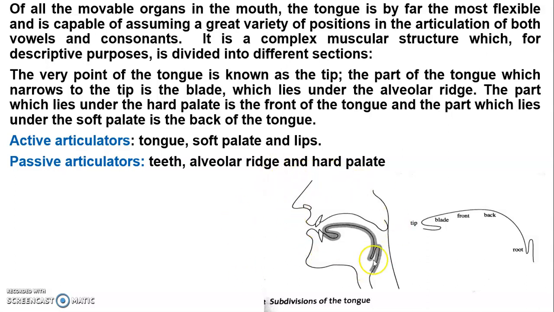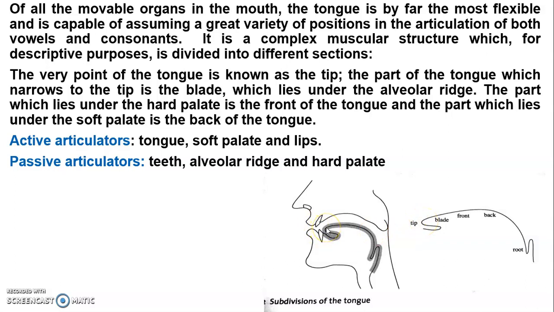Let's have a look at this figure. Let's imagine this is a typical figure of our head, a vocal tract, seen from the side as if our head had been cut in half. This is the tongue lying at the bottom of your mouth. The very point of the tongue is known as the tip.